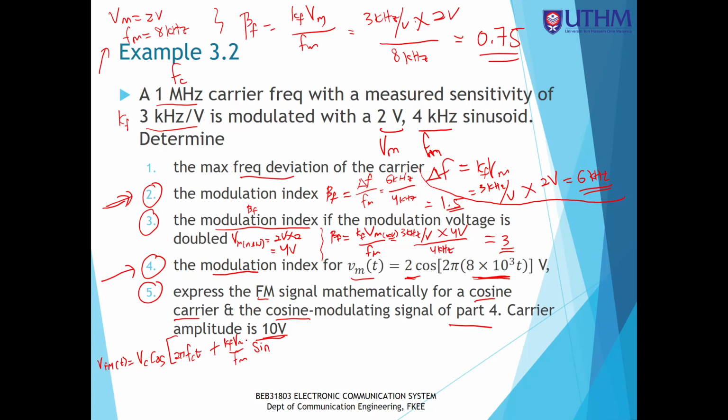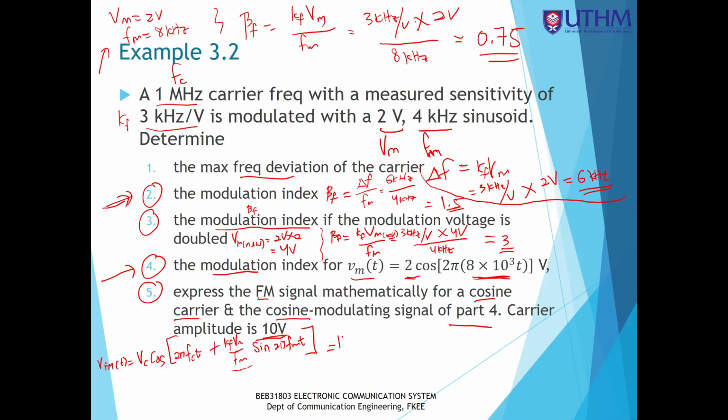If we integrate, of course you are going to get positive sine, sine 2 pi fmt. We already got kf Vm from question number 4, so we can just put it inside the equation.